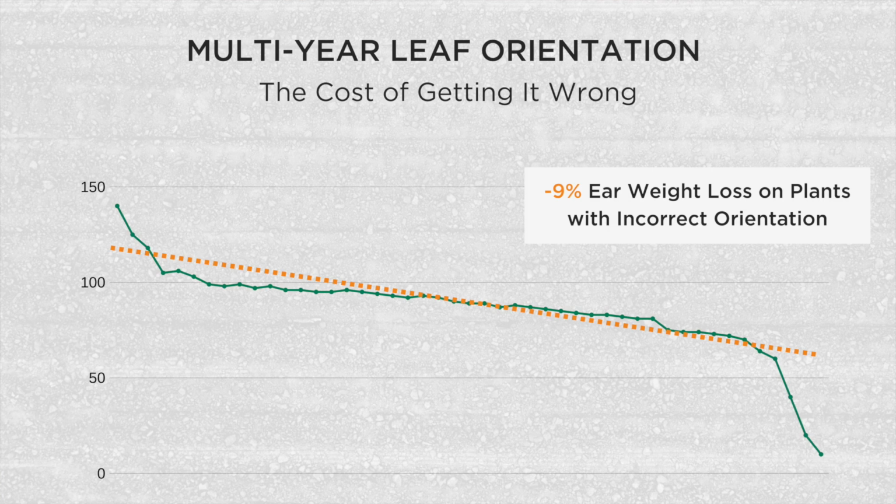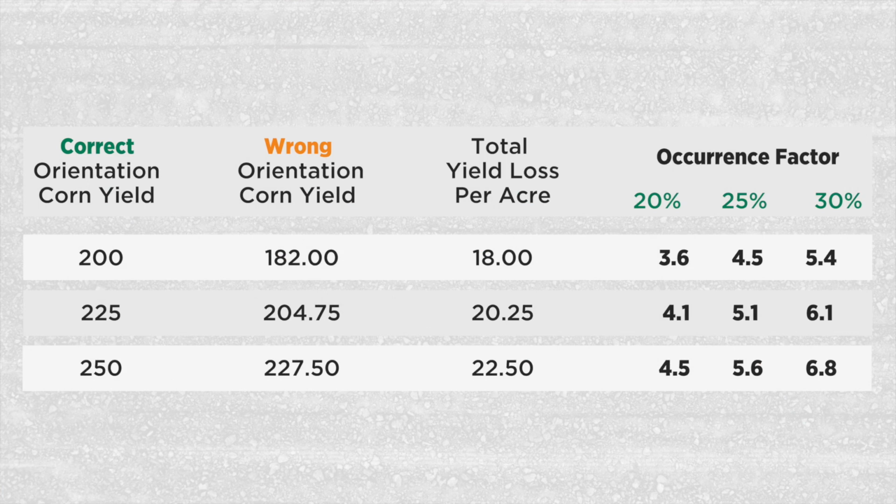We're losing 9% of weight from those ears of corn, from those plants that are oriented the wrong way. Now, it depends on yield potential of what we've seen the past 2 years, and let's just talk about 200 bushel corn yield potential. So that 9% ear weight loss is actually coming up to an 18 bushel loss from that one plant that was turned the wrong direction, and that scares me to death thinking about that.